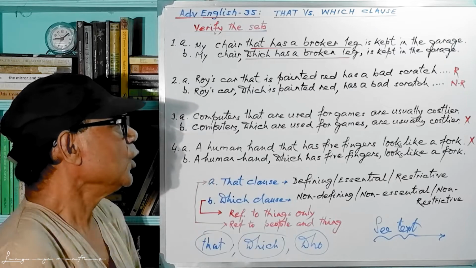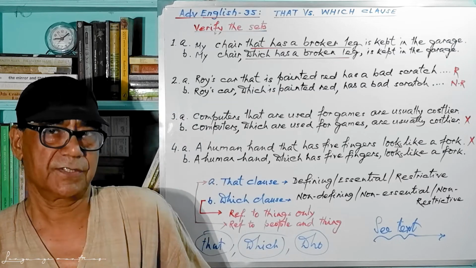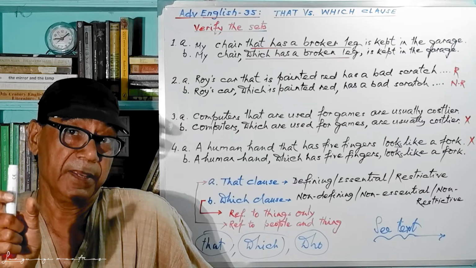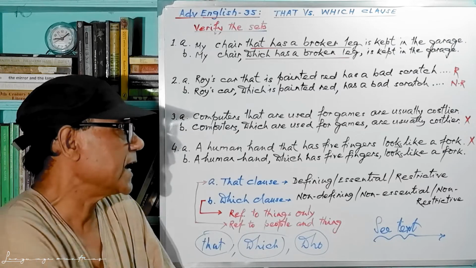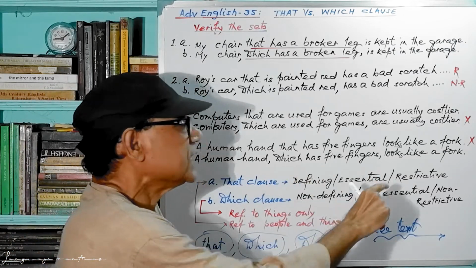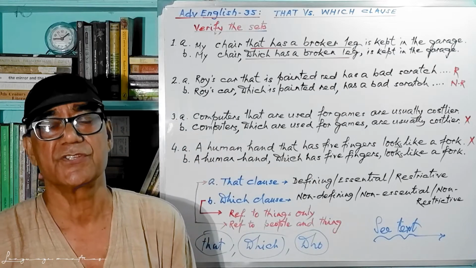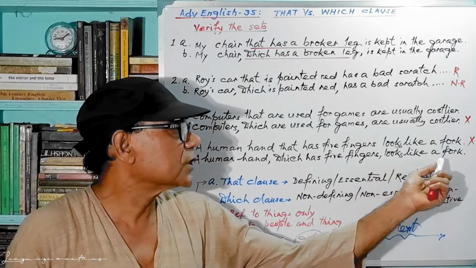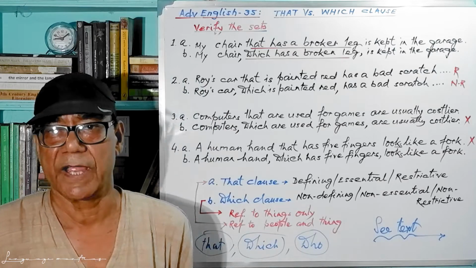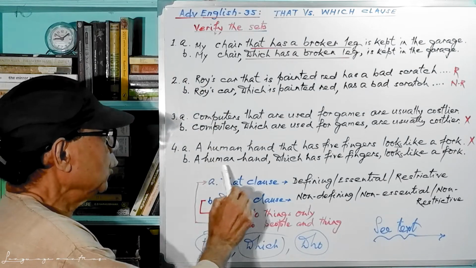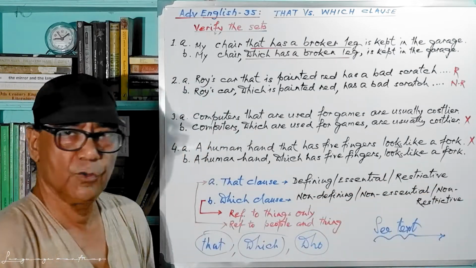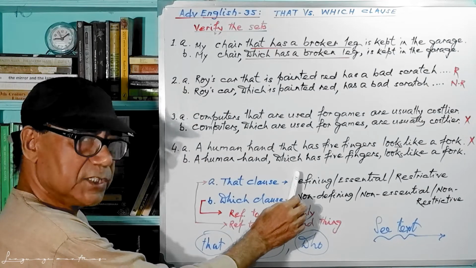Second sentence. A human hand which has 5 fingers. Now, which has 5 fingers? A human hand is described with this clause, which has 5 fingers. That is very nice. And looks like a fork. That is also fine. So, a human hand looks like a fork, and the descriptive part you can add or you cannot add.